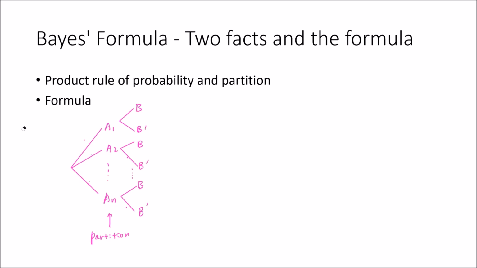And then you assign all these probabilities, okay? You assign the probability here, here, here, and so forth. And then you have conditional probabilities to complete the tree, okay?